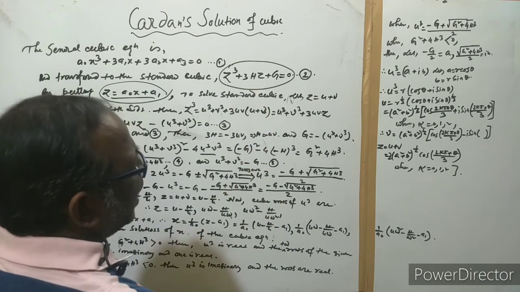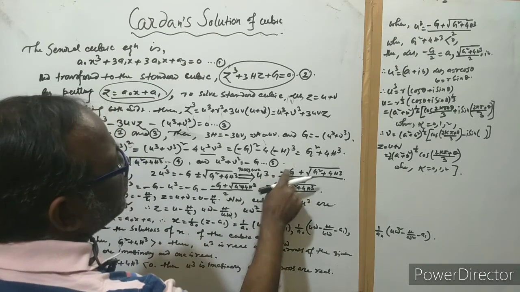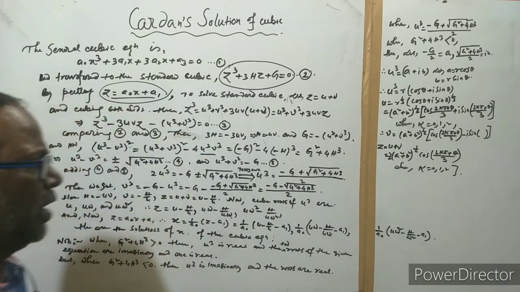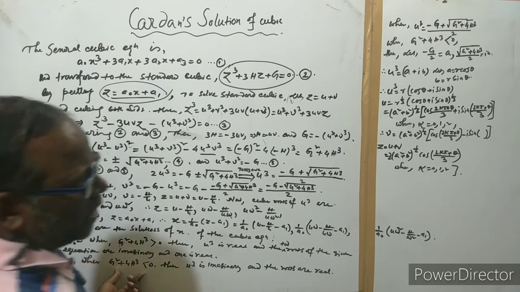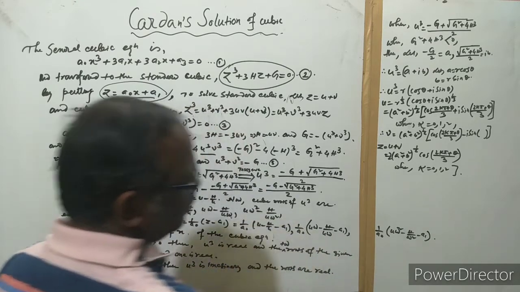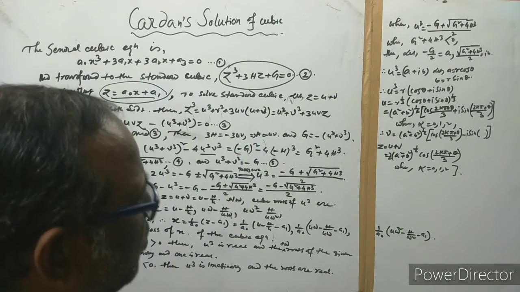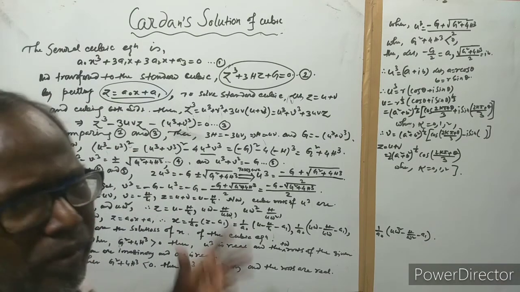The value of U cube we can learn by this formula: minus g plus root of g square plus 4h cube, by 2. When g square plus 4h cube is less than 0, the solution of Z is this, in terms of cos theta. So in some problems we get the answer in the form of cos.